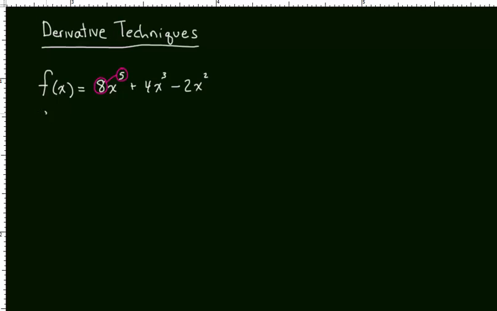So the derivative comes out to be f prime of x equals, well, let's see, we'll have 40x reduced by 1 becomes 4, plus, you could probably do it before I say it, 12x to the power of 2 minus 4x.